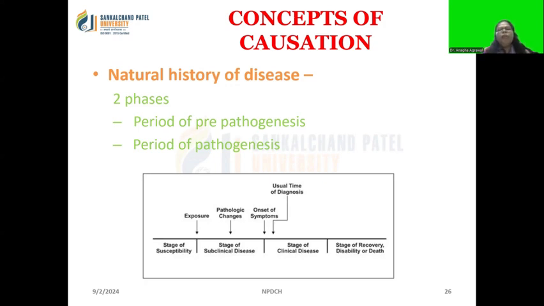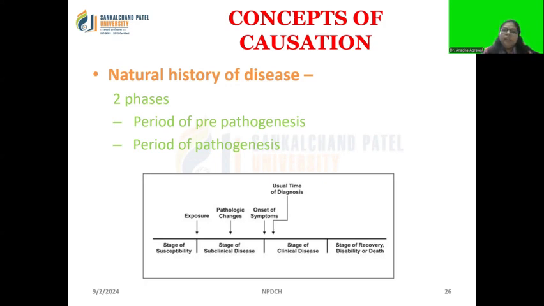You can plan your prevention accordingly, right? First of all, if you know that this is the agent which is giving that disease, you can eliminate that complete agent. If you cannot eliminate that agent, you can make host body more immune towards that agent.